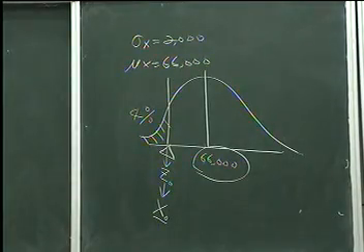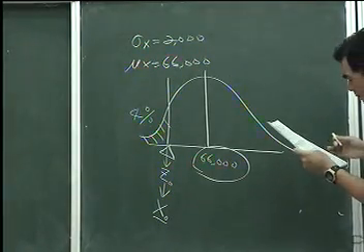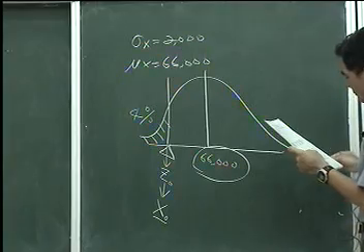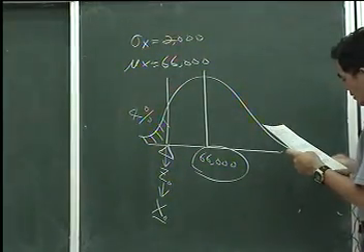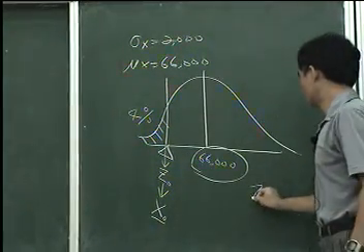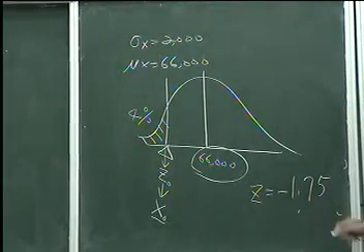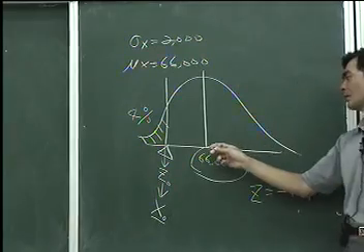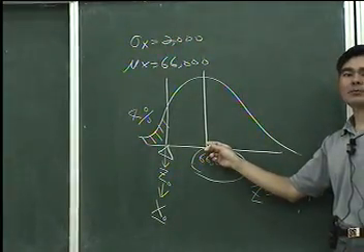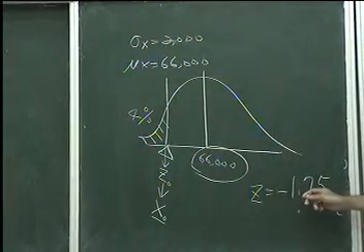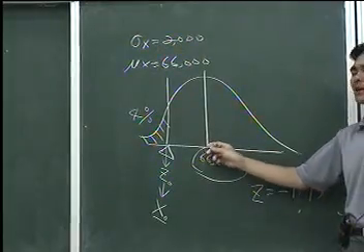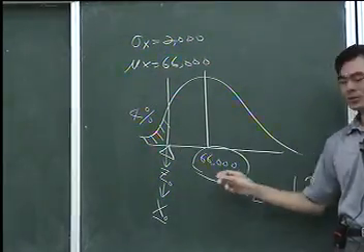Okay, so it turns out that what is the number of z? The number of z is equal to negative 1.75, okay? Of course, you check the table. The table only gives you a positive number, right? But you have to remember this is on the left-hand side, so it should be negative.